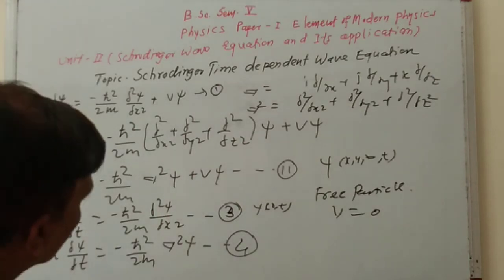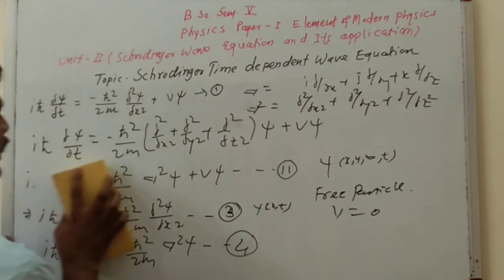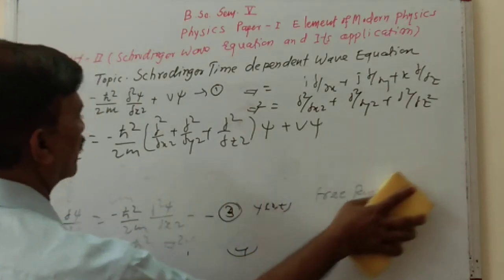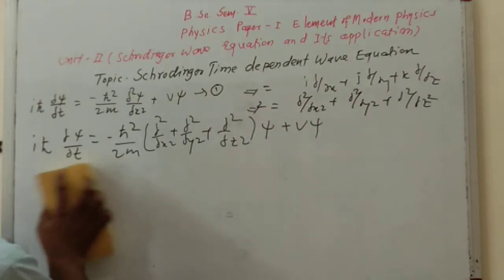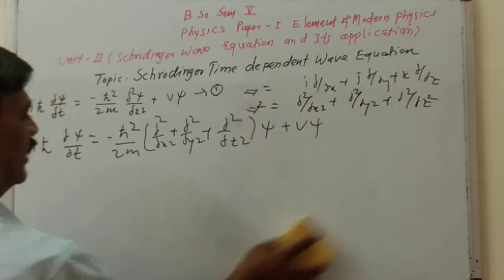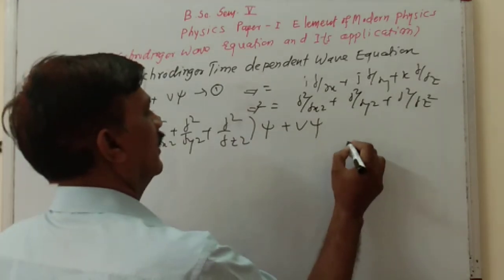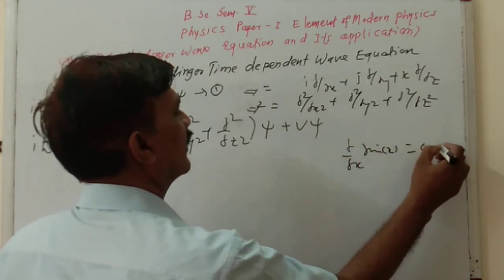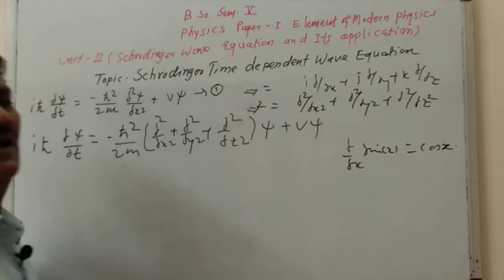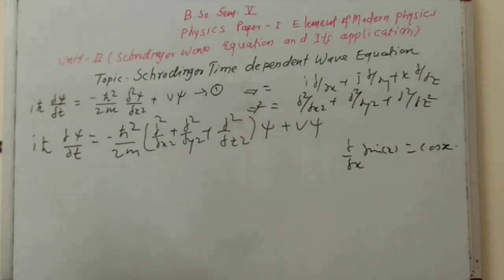Then we obtain the Schrodinger time dependent equation in terms of operators. We know operators: for example, ∂/∂x of sin x is cos x. That means an operator changes a function from one form to another.